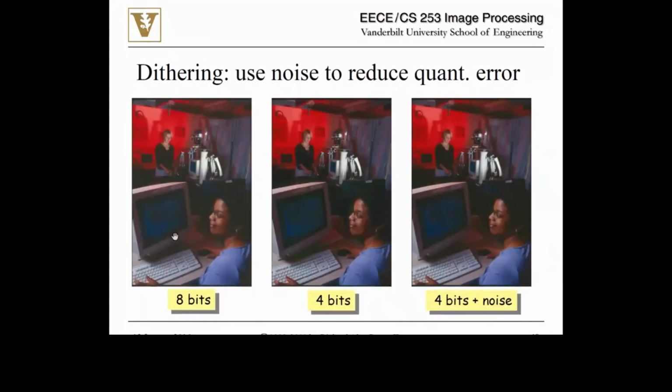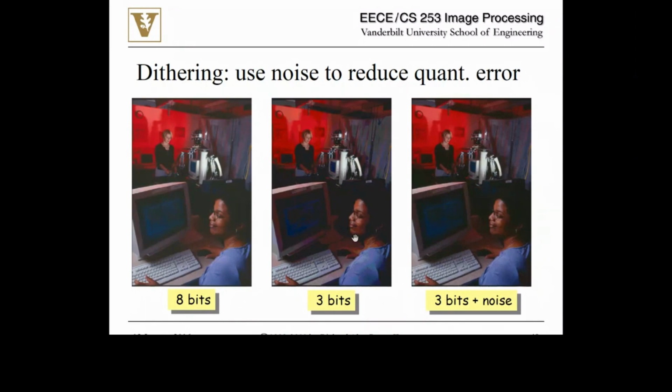So this is the image with 8 bits. This is the same image with 4 bits, and the same image with 4 bits plus noise. So with 4 bits, we don't really see. Now let's see with 3 bits. This is original, quantized with 3 bits, and quantized with 3 bits plus noise.